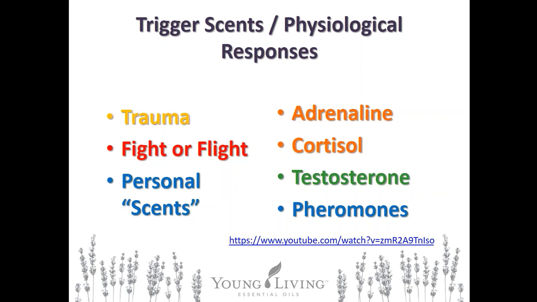Adrenaline comes from your adrenal glands. It's the fight or flight response. Cortisol is the stress hormone. Cortisol is found to be high in blood levels in people who have experienced physical or emotional traumas, or if they're unwell for an extended period of time.